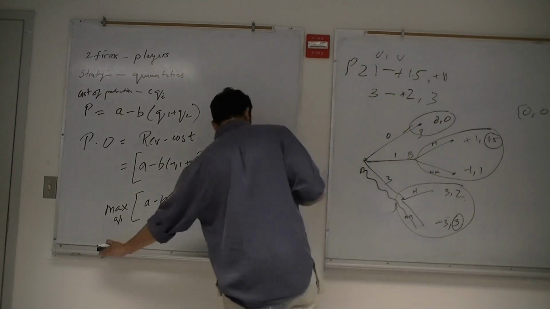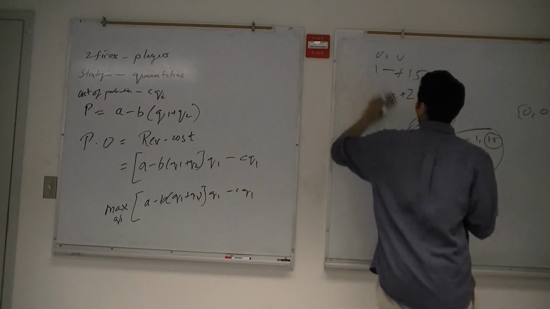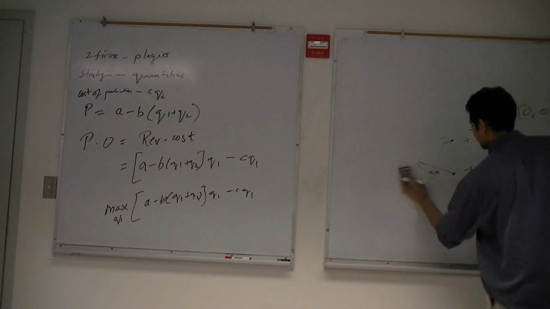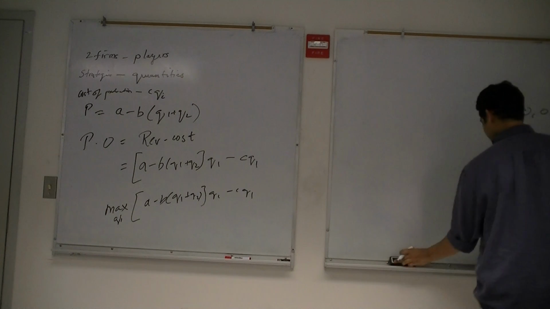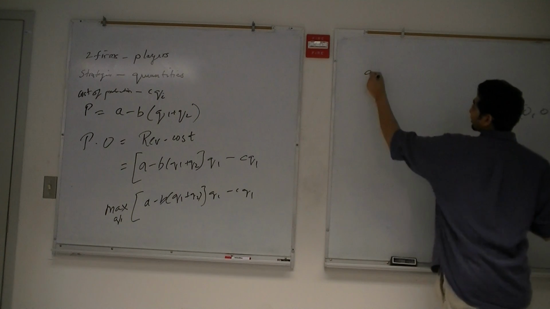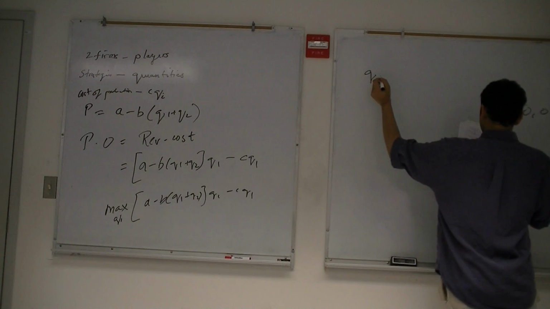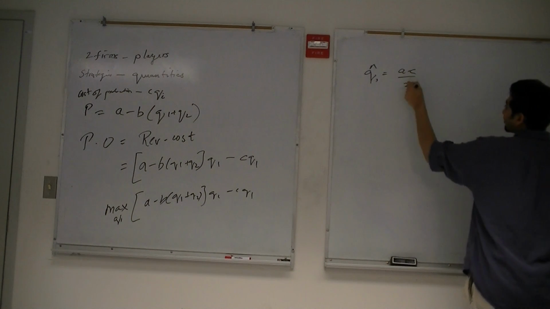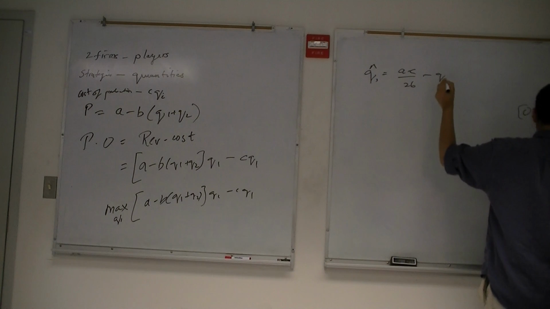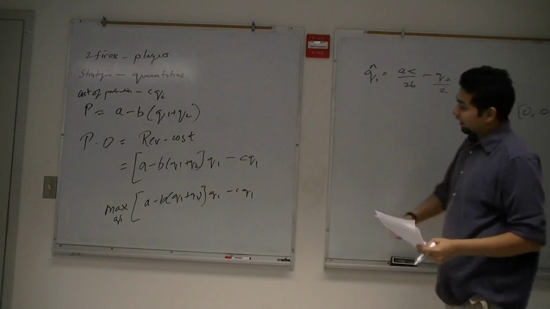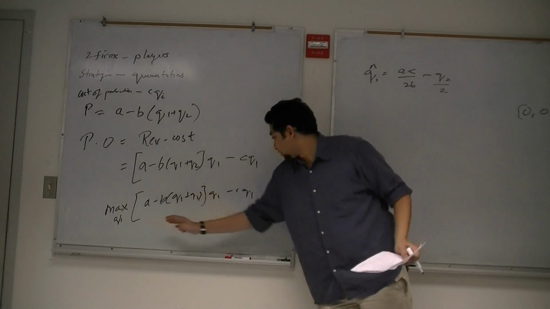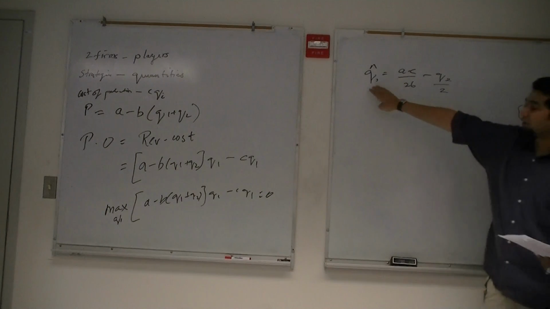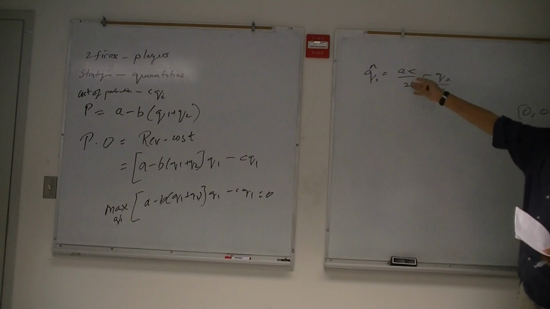Working out the math, if you maximize this profit with respect to q1 and equate it to 0, you get the optimal value, q1 star.